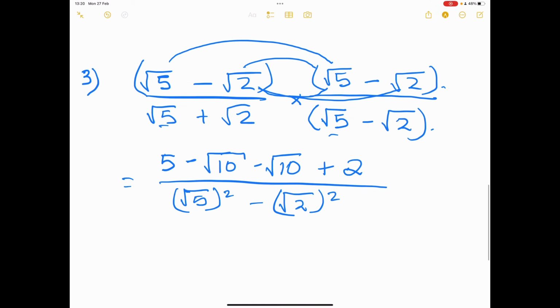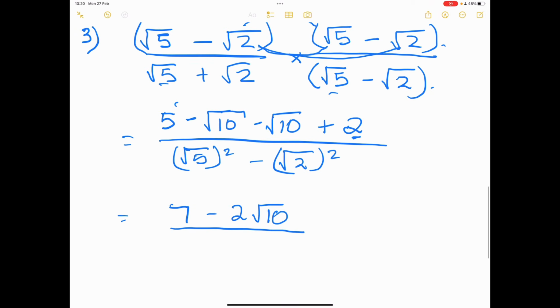So what do we've got? 5 and 2, those are like terms, so 5 plus 2 gives us 7, minus 2 root of 10, right? Divided by, in this case, root of 5 squared, that gives us 5, and minus root of 2 squared, that gives us 2.